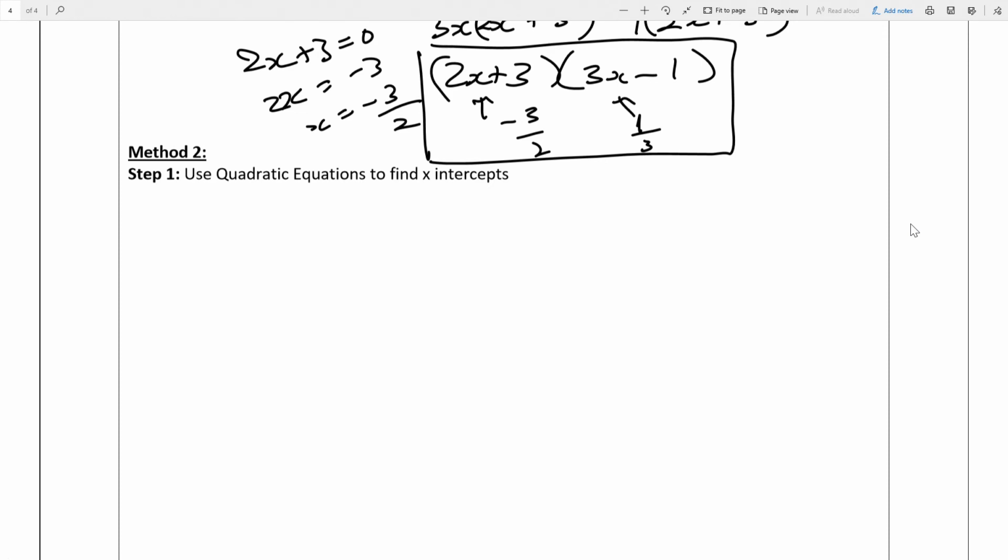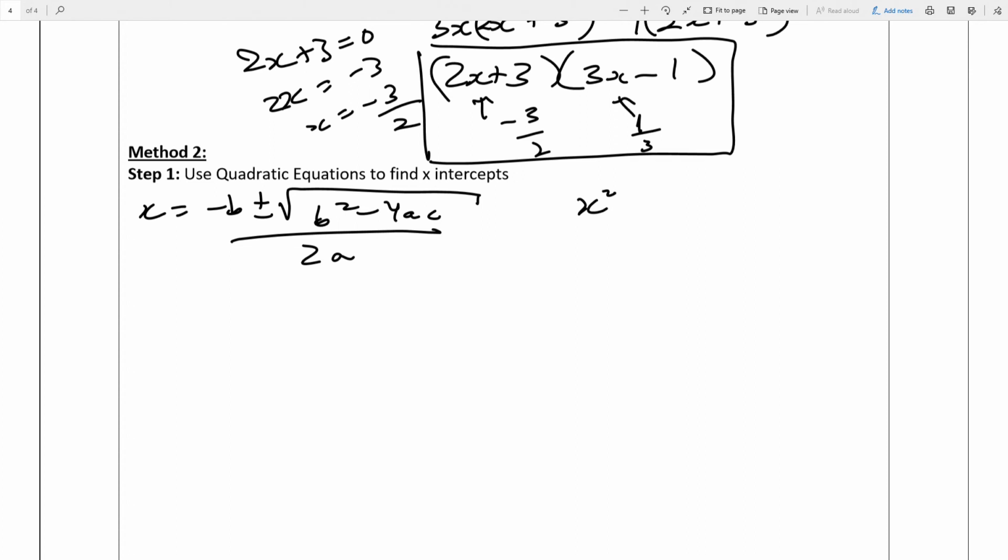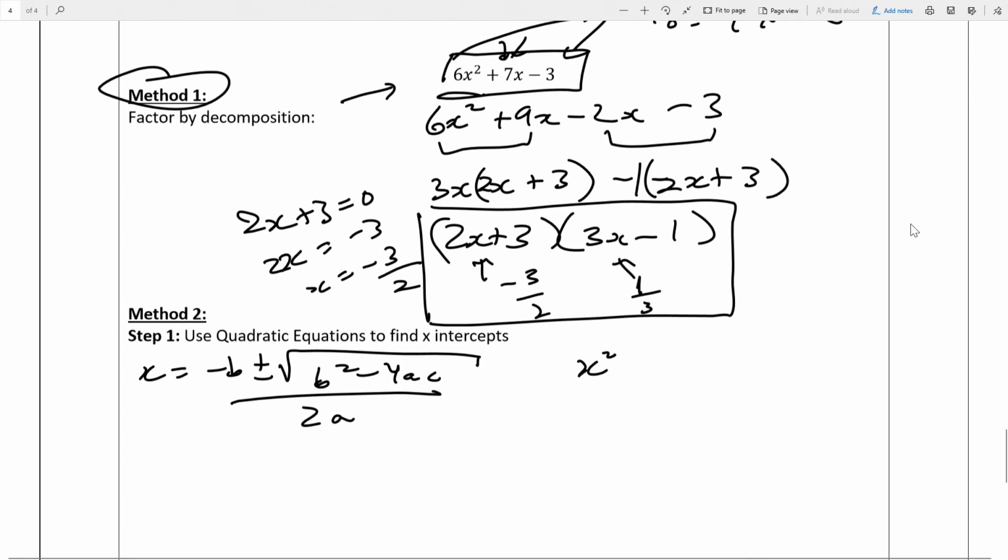So the quadratic formula that we got from above was negative b plus minus square root b squared minus 4ac all over 2a. Okay, and our original equation was 6x squared plus 7x minus 3. So this is the a, this is the b, and this is the c.